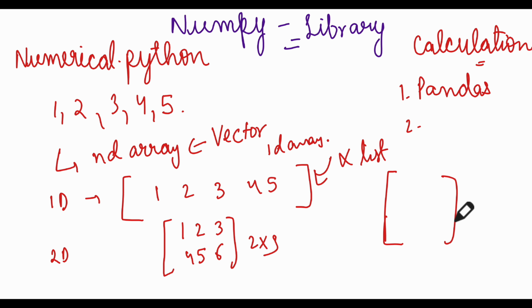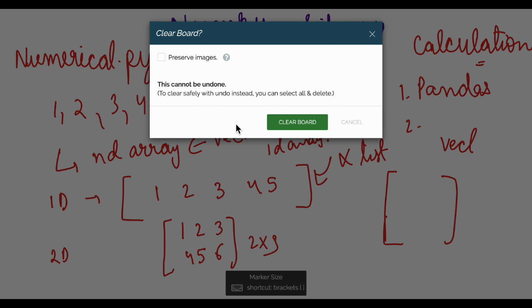So this is all that NumPy does: it converts the numbers into arrays or vectors, and you can perform operations on them. So how is this different from a list? That is something you want to understand. If you remember lists, you can store 1, you can store A, you can store 3, then you can again store D. So you can store characters and numbers in the same list.